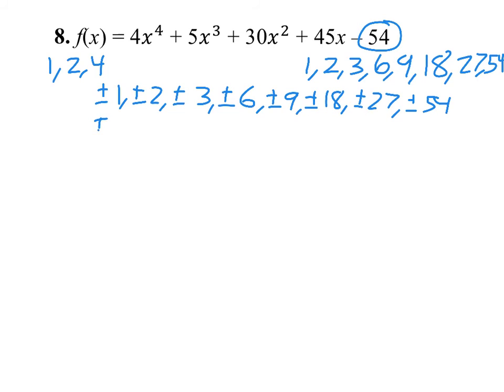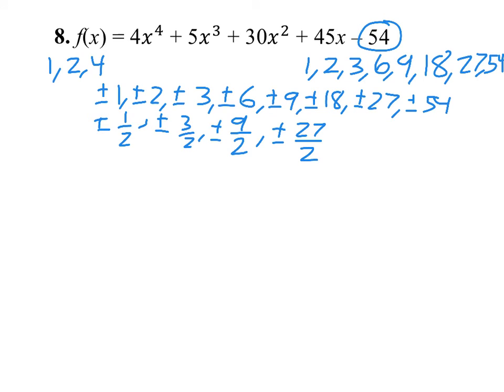Everything on the right gets divided by 2. I skipped 2 over 2 because that's 1. So I'm actually just going to divide all the odd numbers. The even numbers, we already have those in our list.